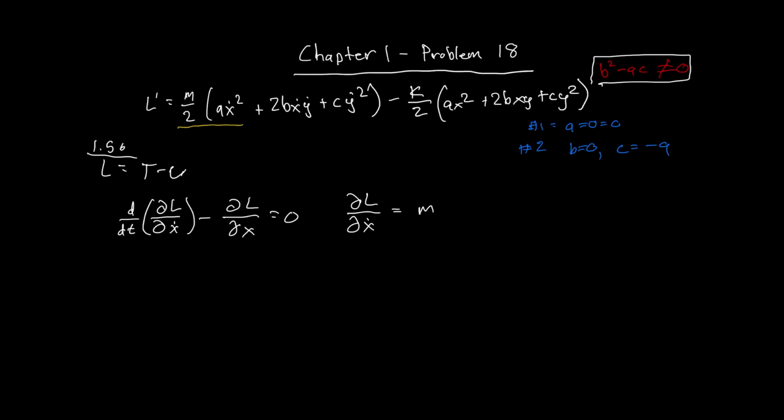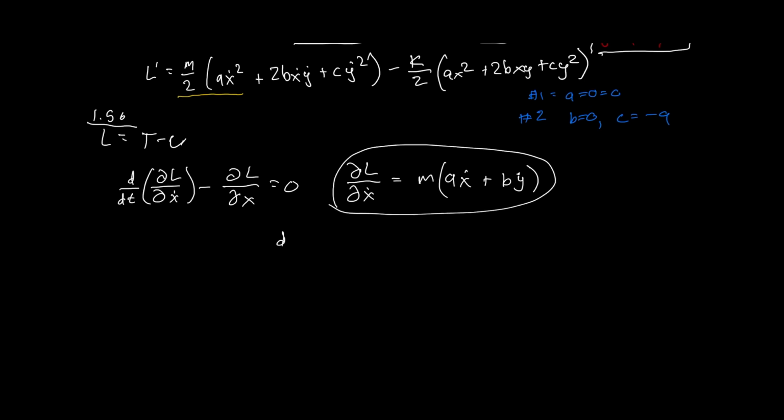It's just doing a basic derivative. So m times a x dot plus b y dot. I'm canceling out the 2 right away if you didn't notice. Okay, so that's our first one. Let's circle it. Now we need to find the full time derivative of that.